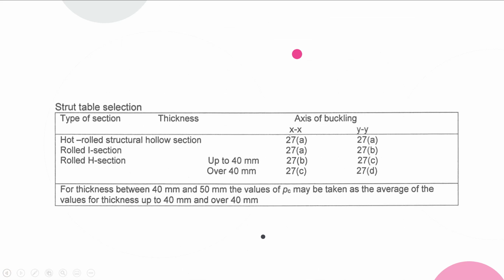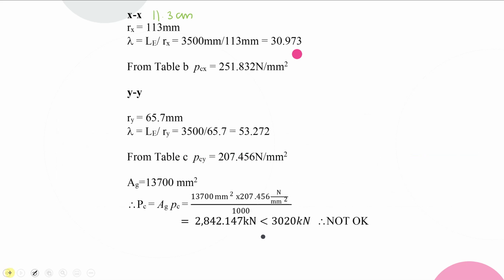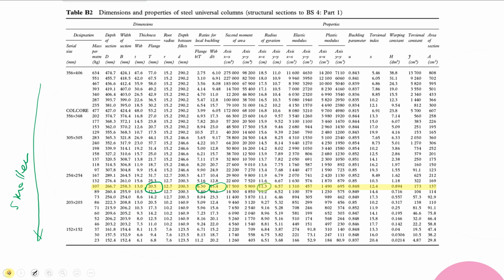So how are we going to check which table we want to use? Okay, so we have the value of T. Since the section for the column is an H section, you just refer to the one down here, whether it is up to 40 mm or over 40 mm. So here we refer to the thickness. For the thickness again, I forgot what our thickness value is. Look here also can.